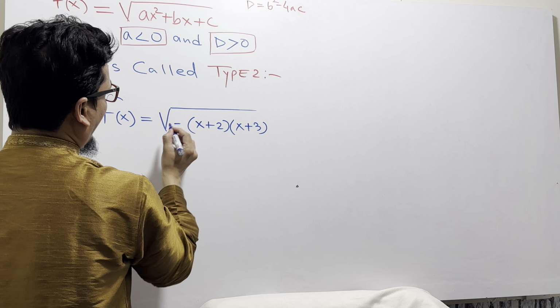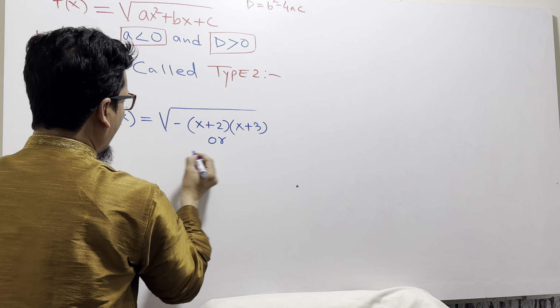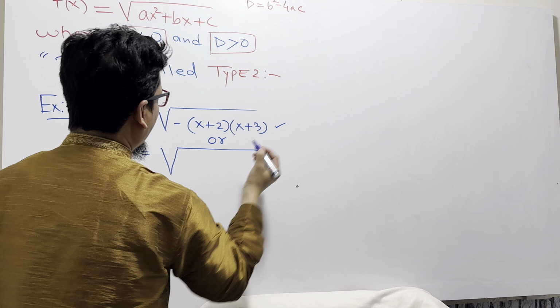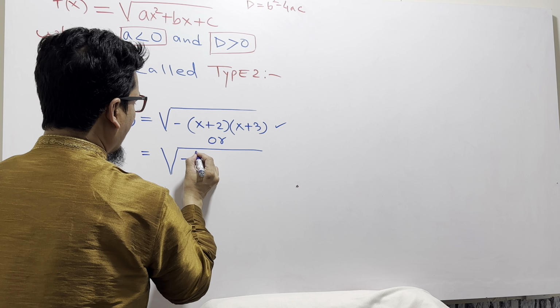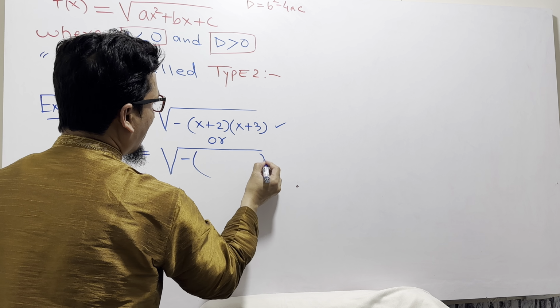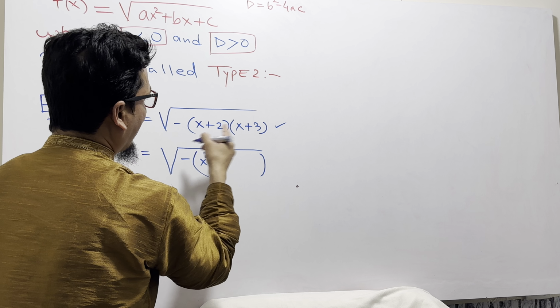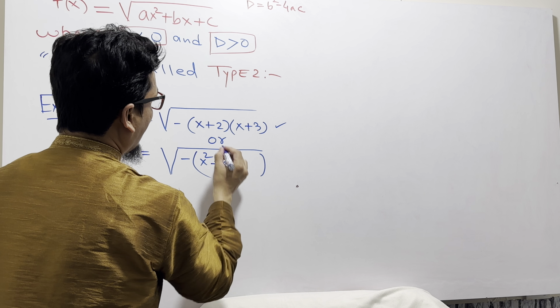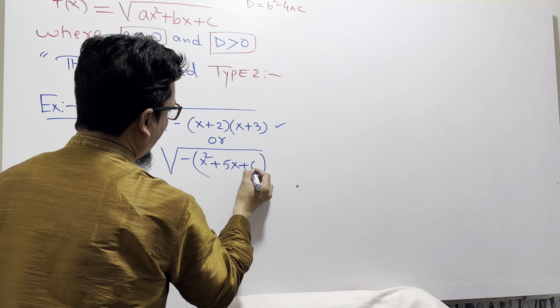This can be written by making the bracket and solving: x square, and 3x plus 2x is 5x, and 3 multiplied by 2 is 6.